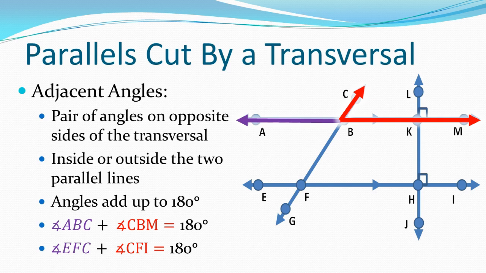I know they form a straight line because they're on that parallel line, so that has to be completely straight. Angle EFC and CFI also are adjacent angles. They add up to 180 degrees. So whenever you see two angles that add together to make one straight line, we also can call them adjacent angles.